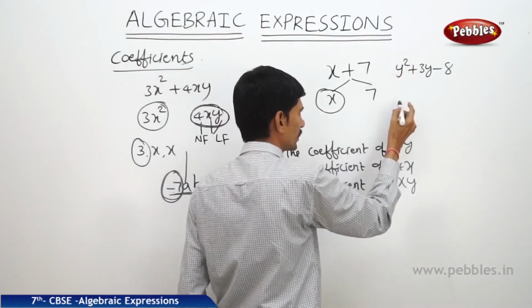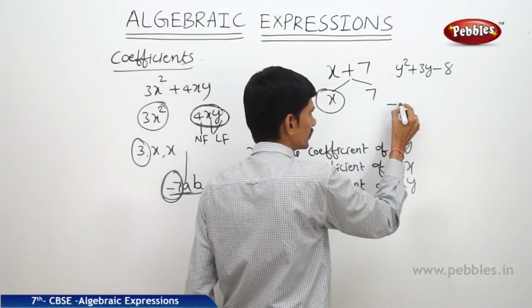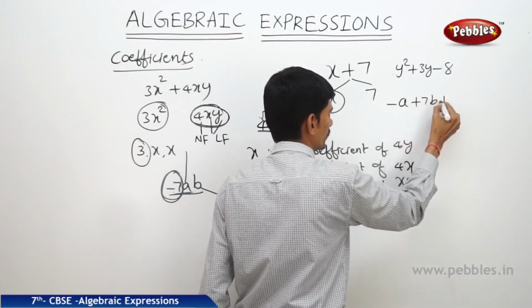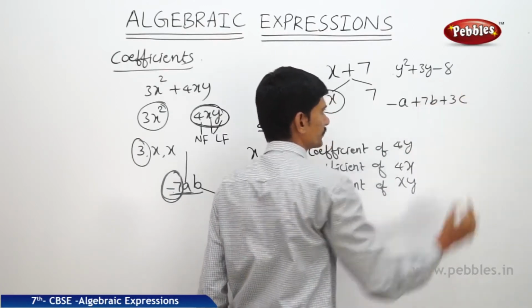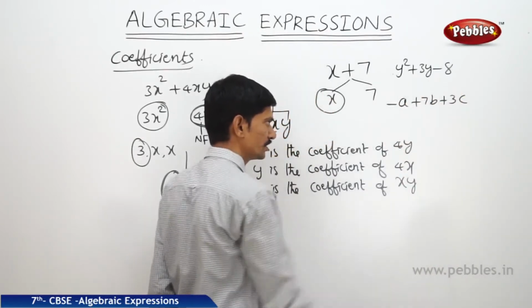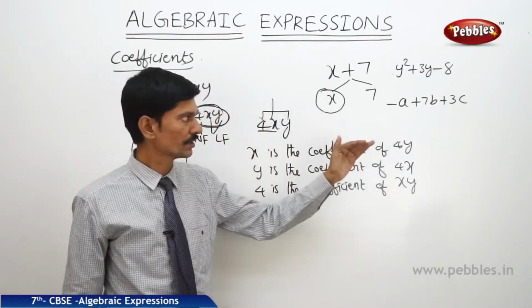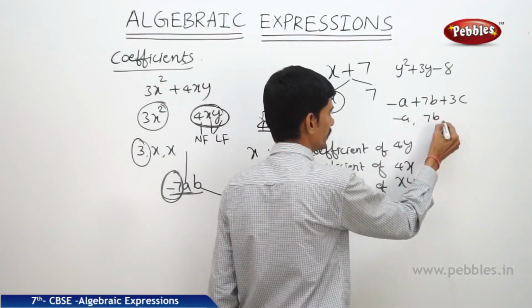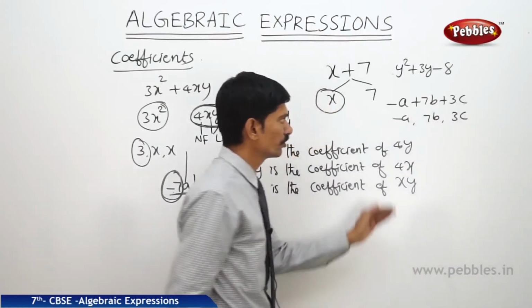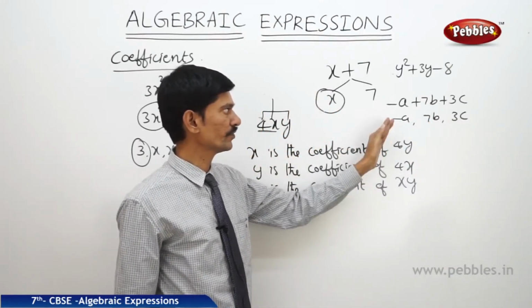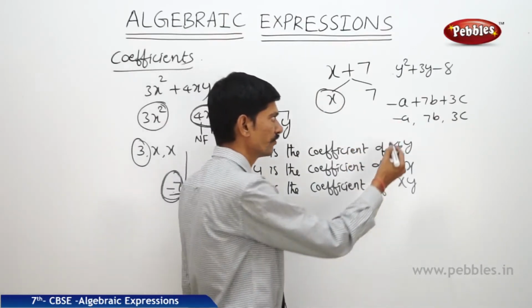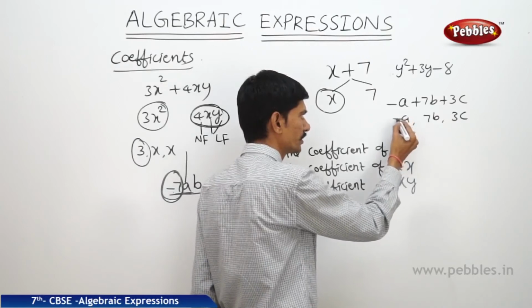Now if you take another example, minus a plus 7b plus 3c. This algebraic expression consists of 3 terms: minus a, 7b and 3c. The numerical coefficient of the first term is minus 1, because the coefficient of a is 1 but it is with a negative sign.